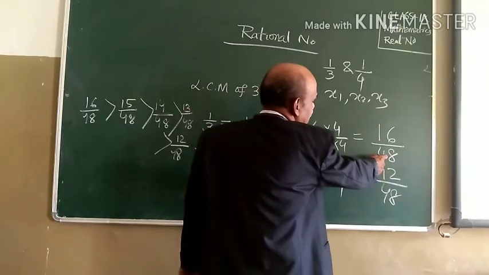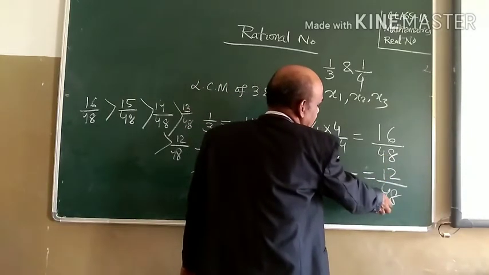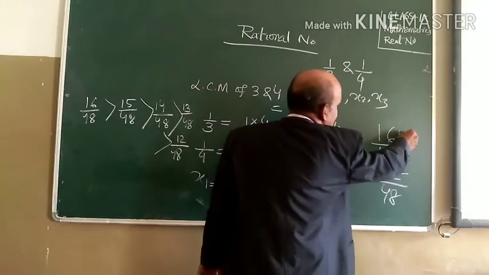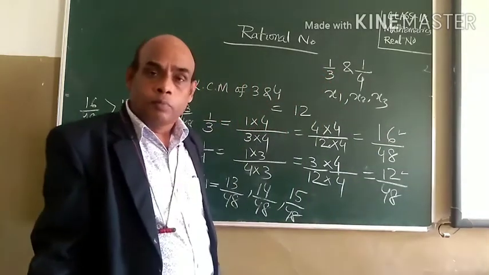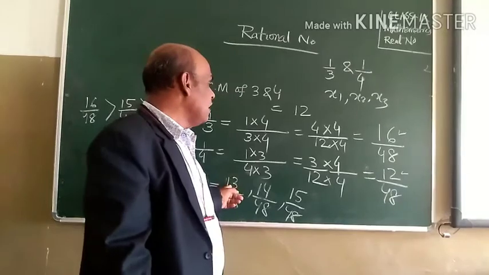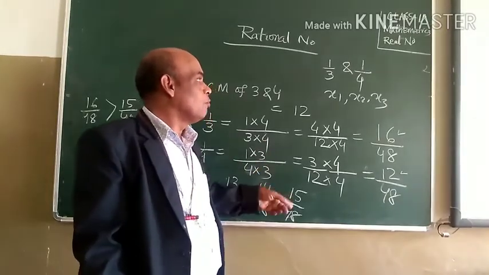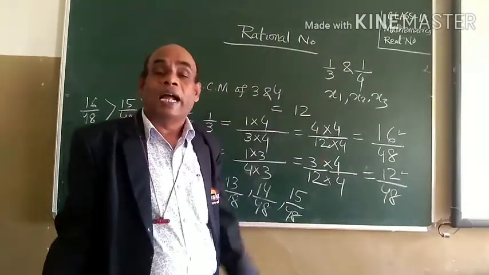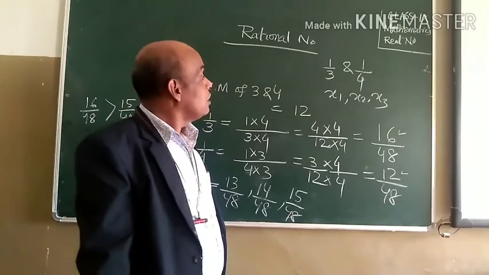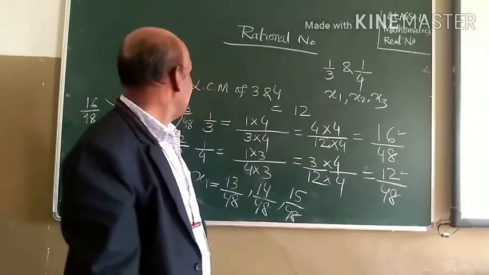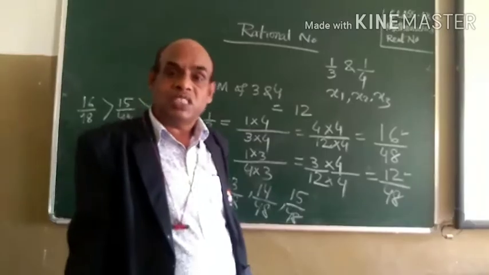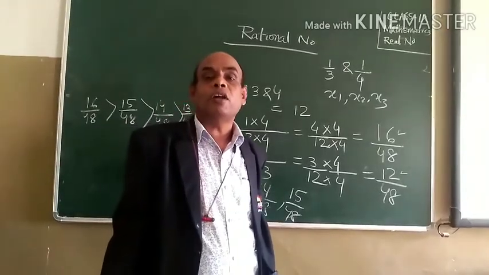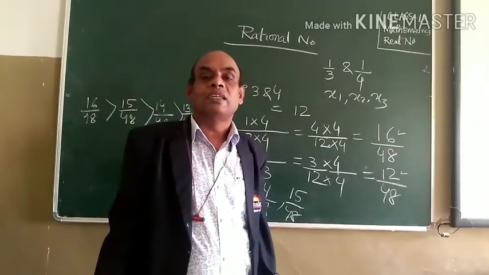Now you see here 48 is the LCM, but 12 and 16 are already there. We can adjust 13, 14, 15, because the question was like that, to find the rational numbers in between 1 by 3 and 1 by 4. So this is the method you remember when denominators are different.